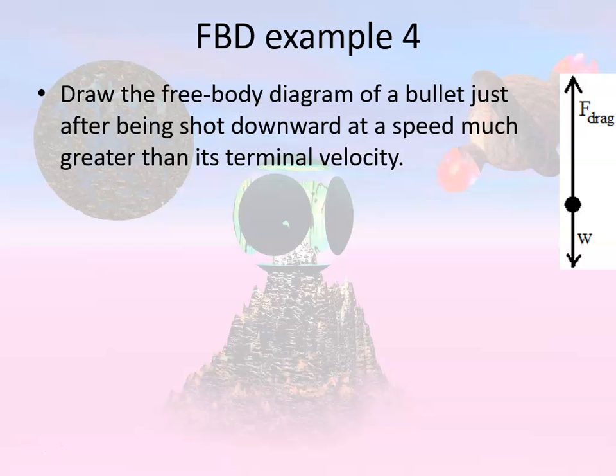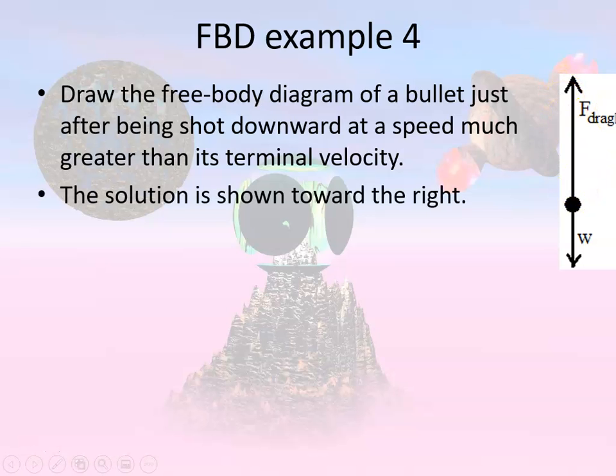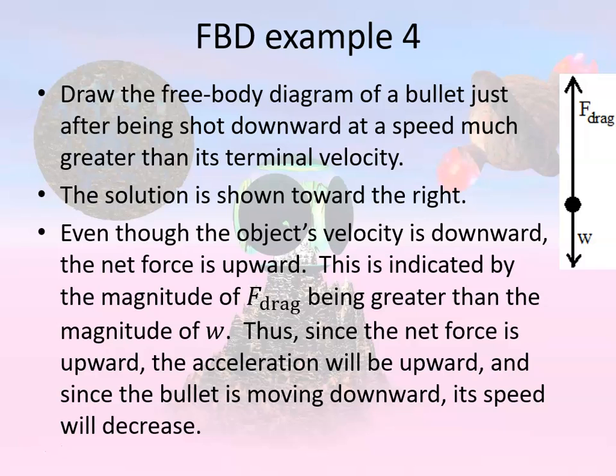So if it's going faster than that, then the drag force will be larger than the weight. So you'd have a diagram like this, where you have a noticeably longer drag force vector than the weight. In this case, the bullet, even though it's being shot downward, will accelerate in the upward direction. In other words, that means it's getting slower in the downward direction. So it would have a positive upward acceleration, or a negative downward acceleration.